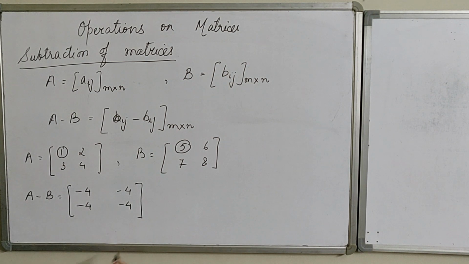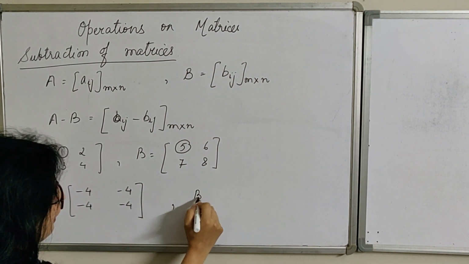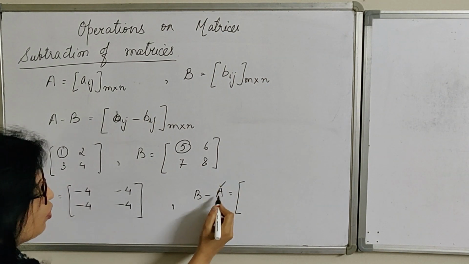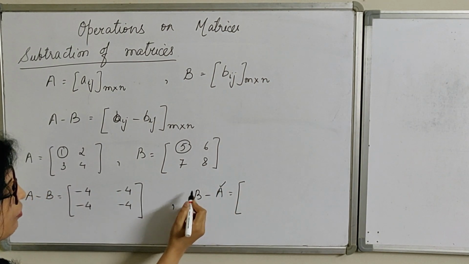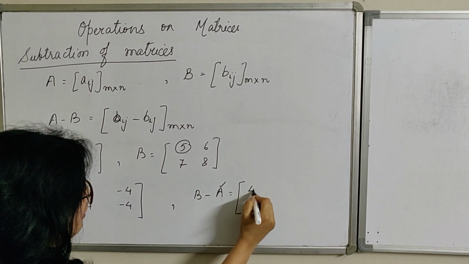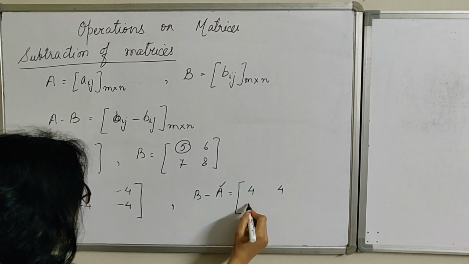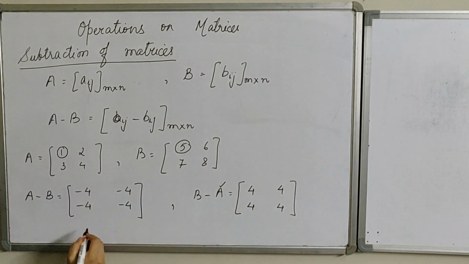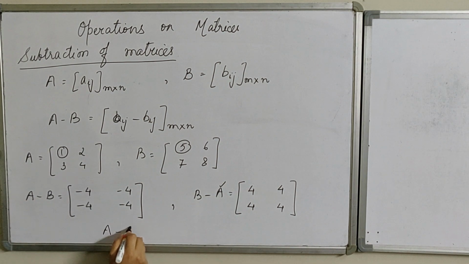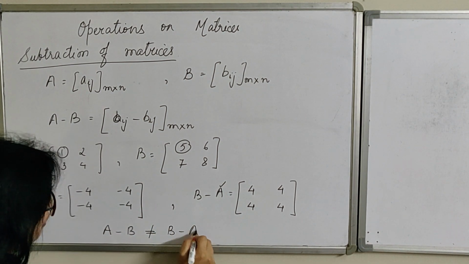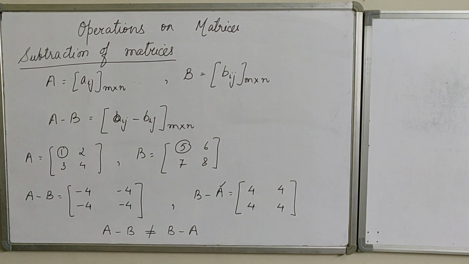This is A minus B, and in case we want to find out B minus A, then we are subtracting elements of matrix A from the corresponding elements of B. So that way 5 minus 1, 6 minus 2, 7 minus 3, 8 minus 4. So in general, for two matrices of same order, A minus B is not equal to matrix B minus A.